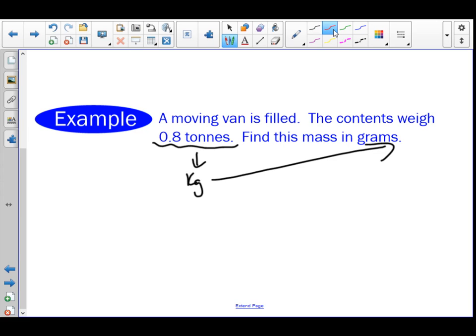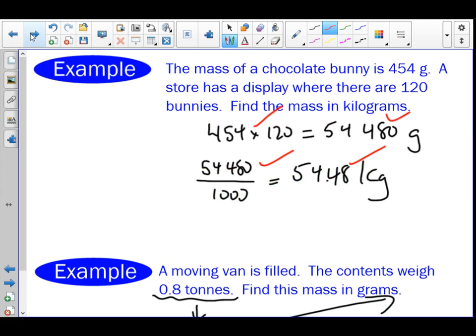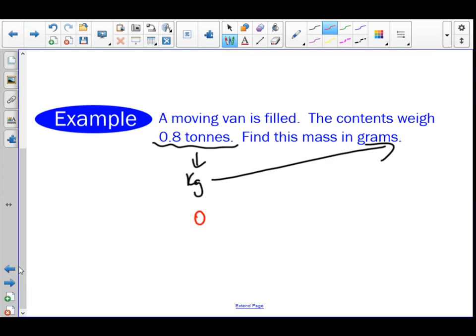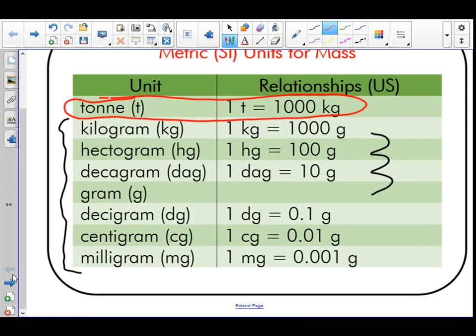So to go from tons to kilograms, we see that there's 1,000 kilograms in a ton. So we're going to take 0.8 tons and we're going to multiply by 1,000. And that's going to give us 800 kgs. And then we have to go to grams. Now when we go to grams, from kilograms, instead of going up the stairs, we are going to go down the stairs 3 spots.